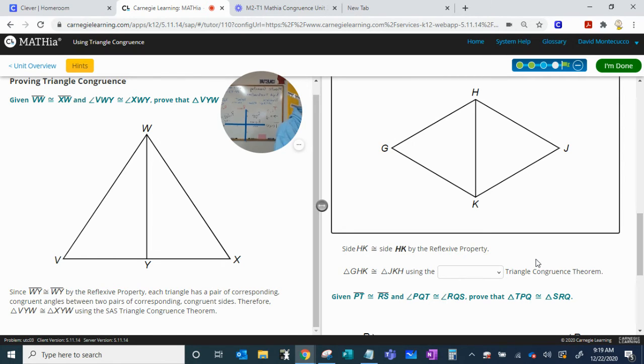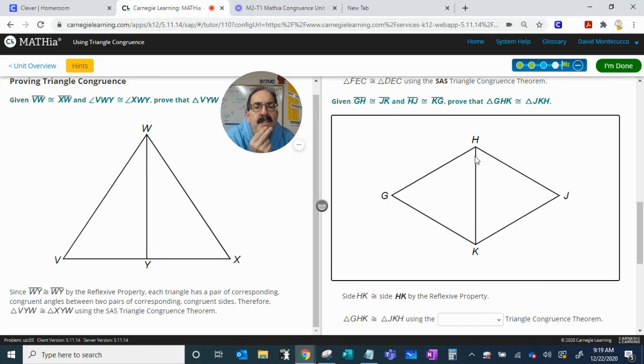Reflexive, the same side. Okay. And same side, GH, JK, HJ. So this is going to be the side, side, side.